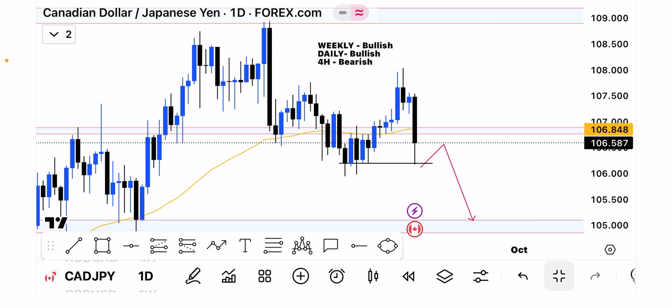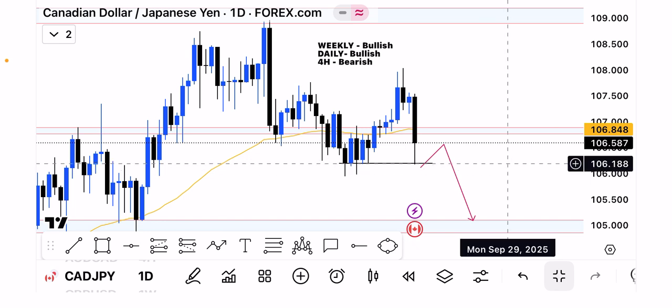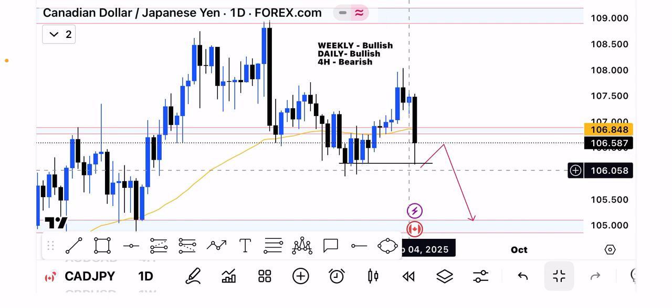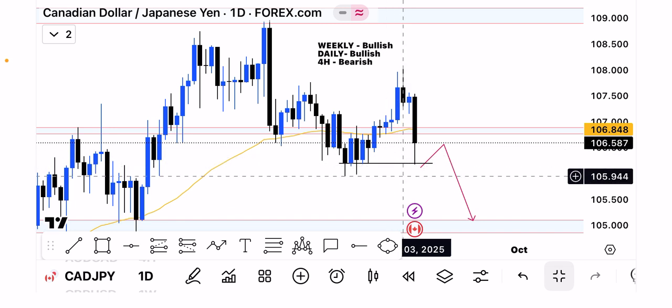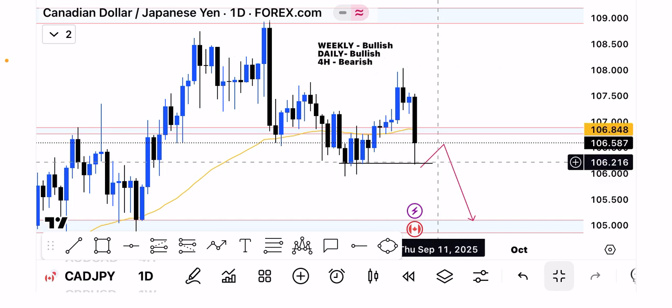This black line, I'll be waiting for price to break below this line. Once price breaks below this line on the daily time frame, the daily will turn bearish.